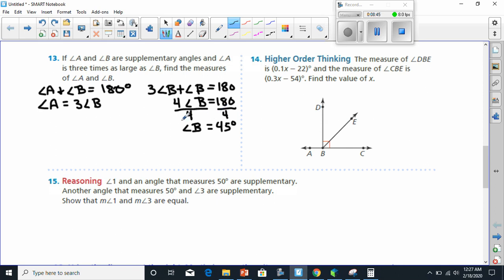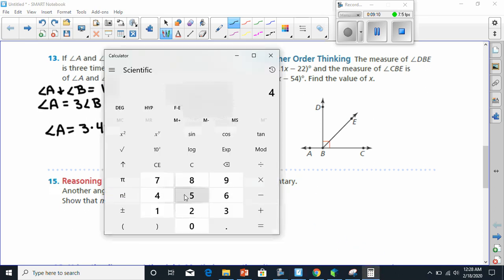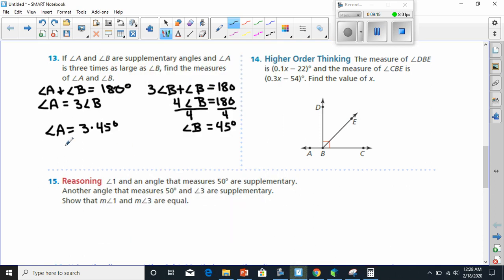Now they're saying find angle A as well. Well, let's go back over here. If angle A equals 3 angle B's, we can rewrite this again. Angle B is 45 degrees, so that would be 3 times 45 degrees. And now we can simply say, what is 45 times 3? That's going to give us 135. So angle A must be 135.